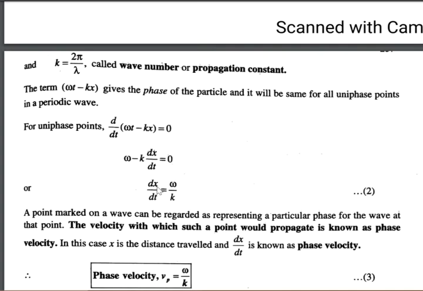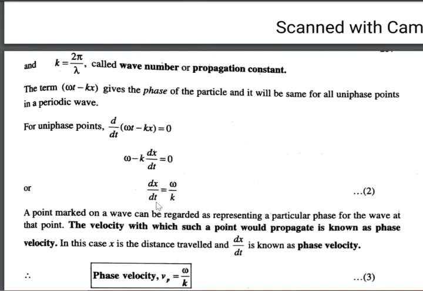So take omega and k to the other side, you will get dx by dt is equal to omega by k. Let us call this equation 2. Here dx by dt is called phase velocity. The velocity with which such a point would propagate is known as phase velocity.